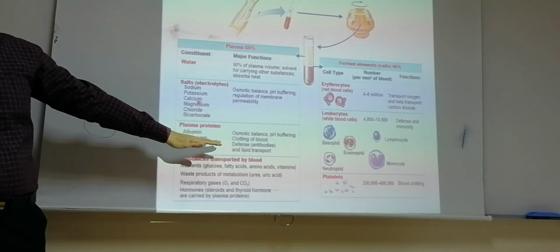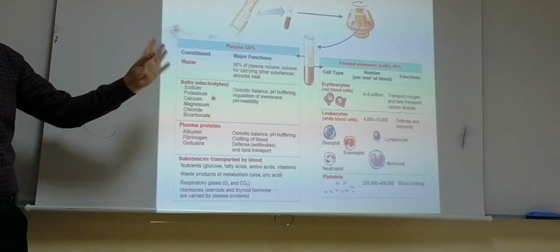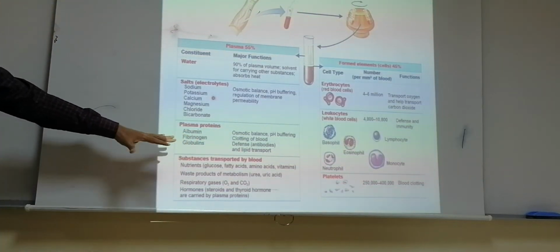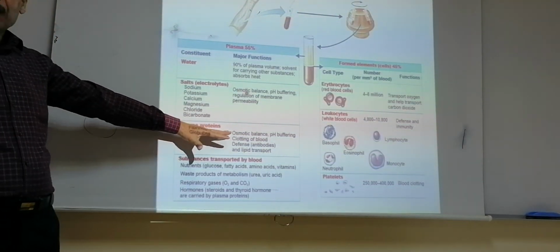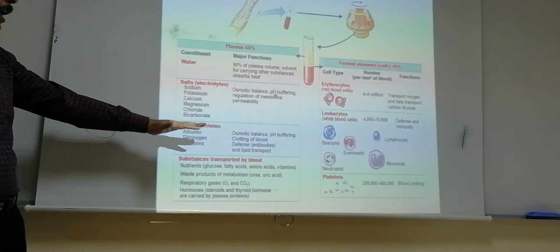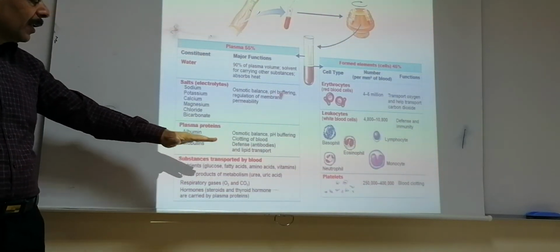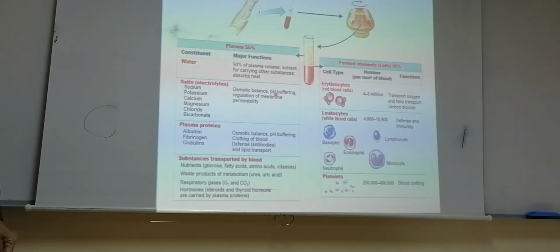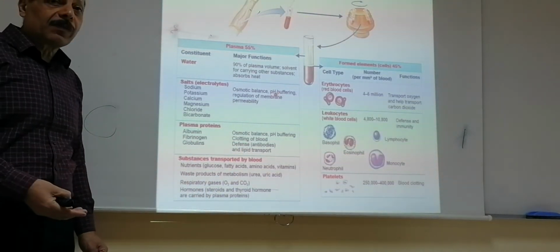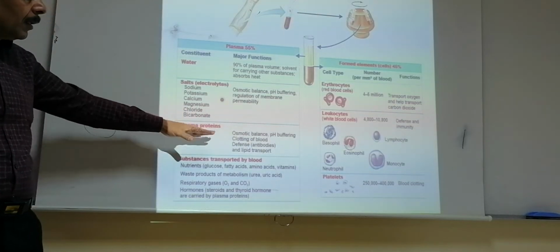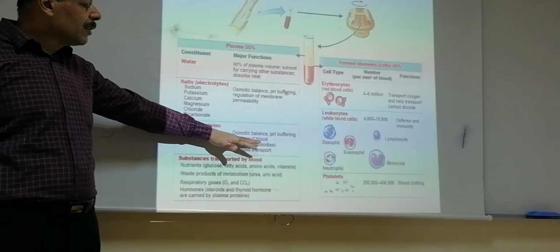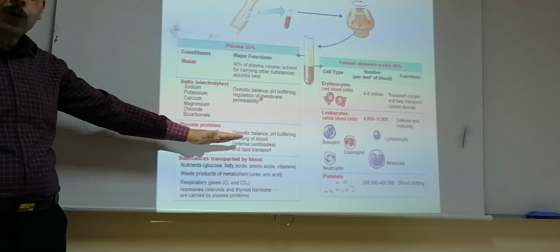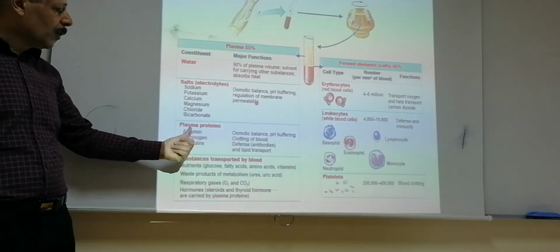Because of that, we took biochemistry in order to understand what is going on in our body. Then we have plasma protein. The plasma proteins are albumin, fibrinogen, and the globulin, and each one of them has a function. They are involved in osmotic balance and pH buffering, also from the albumin.